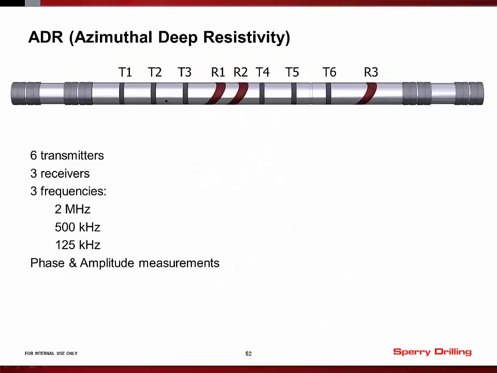Now the third tool I want to show you is our latest tool for resistivity measurements, and that is the ADR, the azimuthal deep resistivity. In some ways this is similar to the M5, although we don't have as many spacings on this tool. It only has 3 spacings rather than 5. But it is a compensated design, and it is also azimuthal.